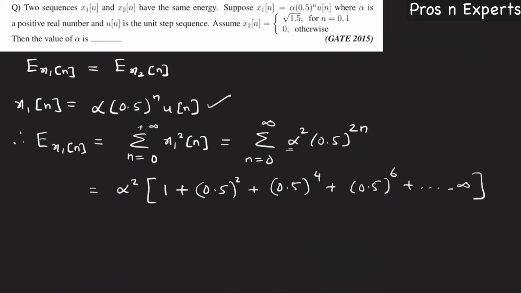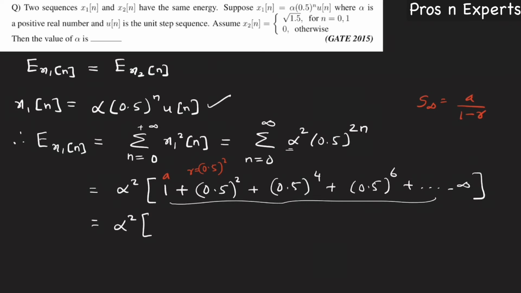Obviously this is a geometric progression. Alpha square into, inside the bracket, this sequence is a geometric progression with the first term a equal to 1, then r equal to 0.5 square, right? So the sum of an infinite GP is a by 1 minus r.